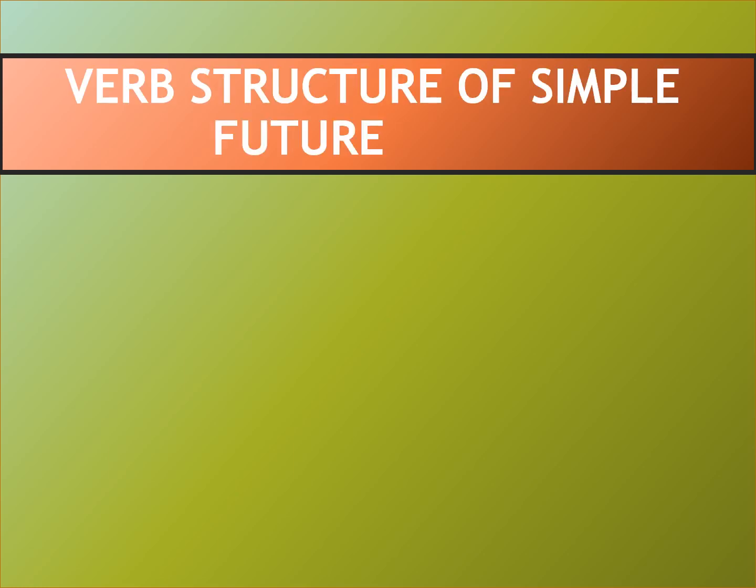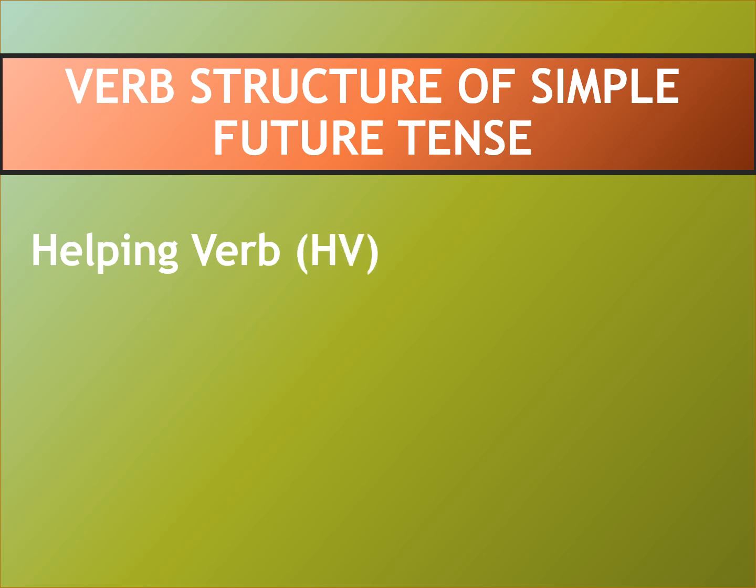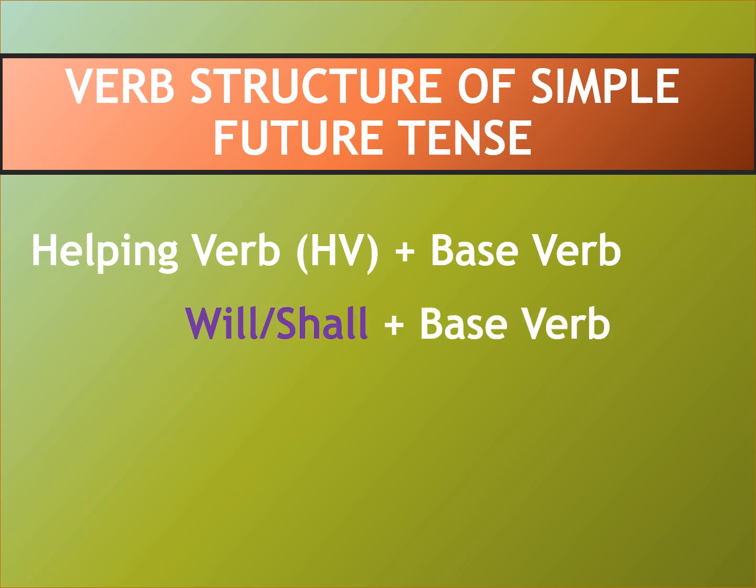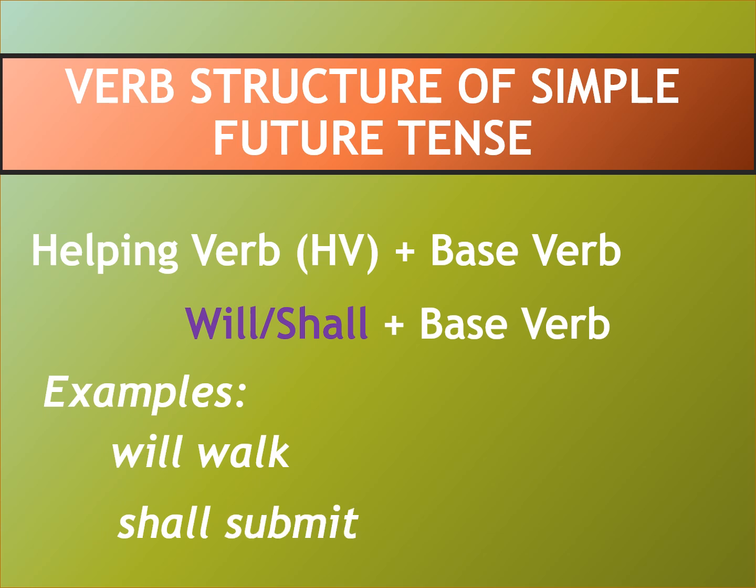Verb structure of simple future tense: helping verb or HV plus base verb, or will or shall plus base verb. Examples: will walk, shall submit.